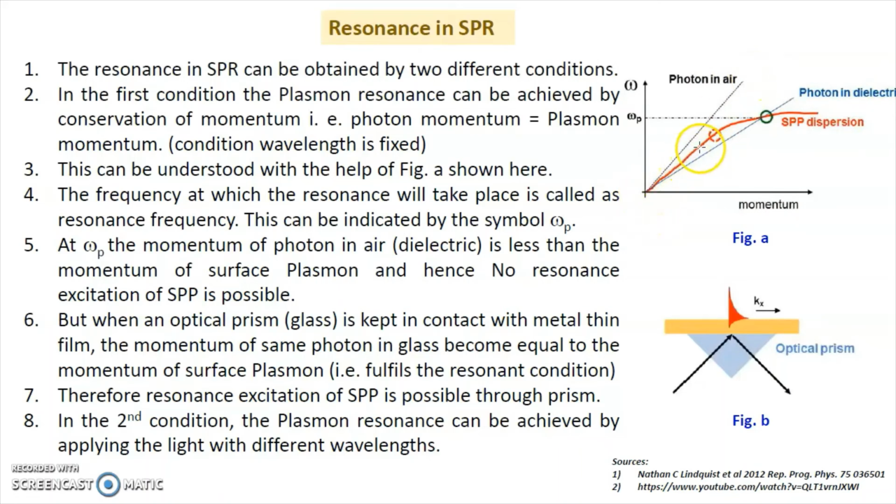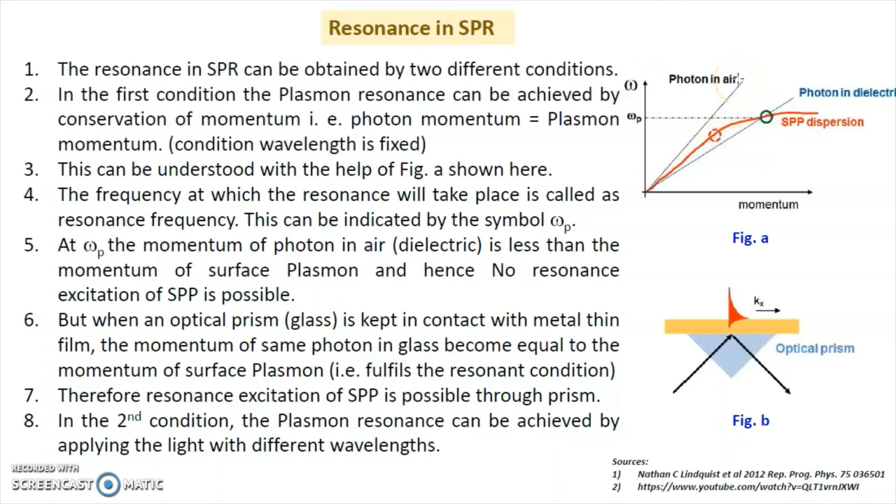And this red line is nothing but the SPP dispersion, that is the surface plasmon propagation dispersion, right? So as per this condition, the momentum of the photon should be equal to the momentum of the plasmon. But as you can see, they are not matching at a particular frequency.